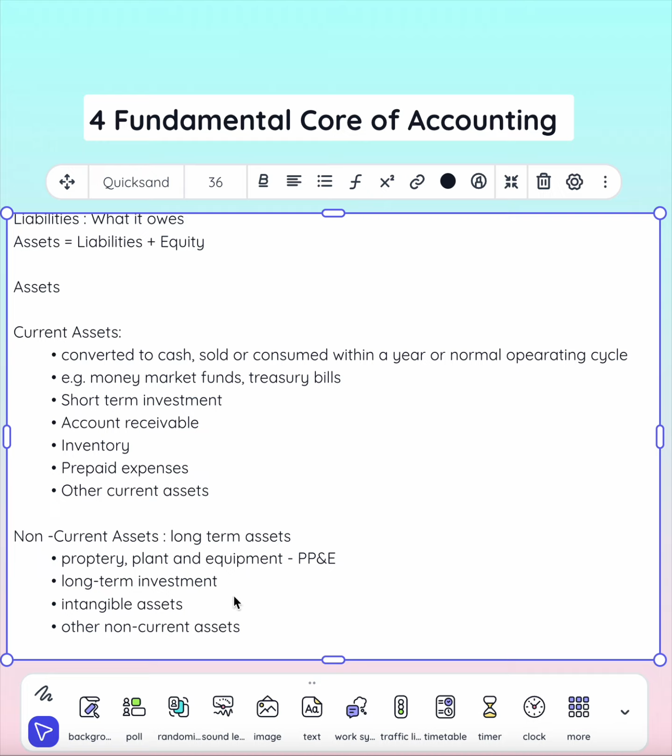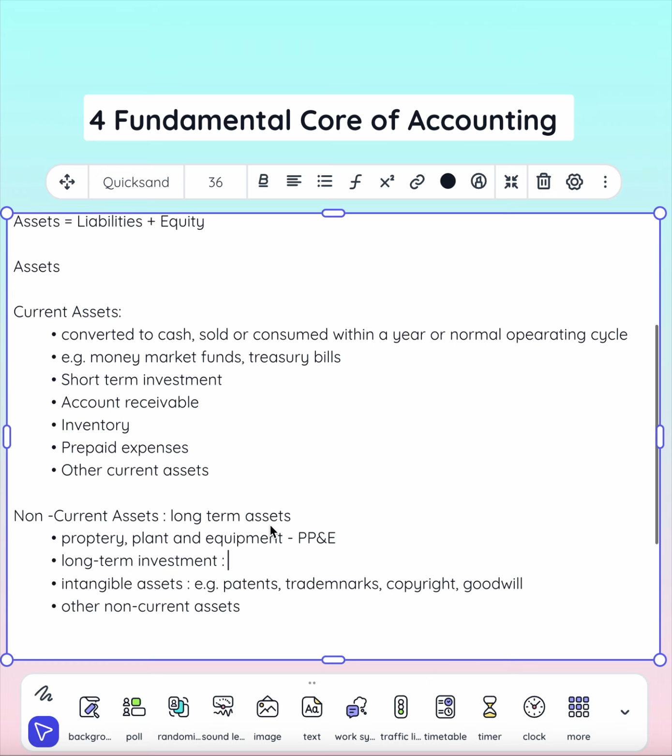Intangible assets are assets that lack physical substance but have economic value, such as patents, copyrights, trademarks, and goodwill. Long-term investments are investments that the company intends to hold for more than 1 year. This is pretty simple.